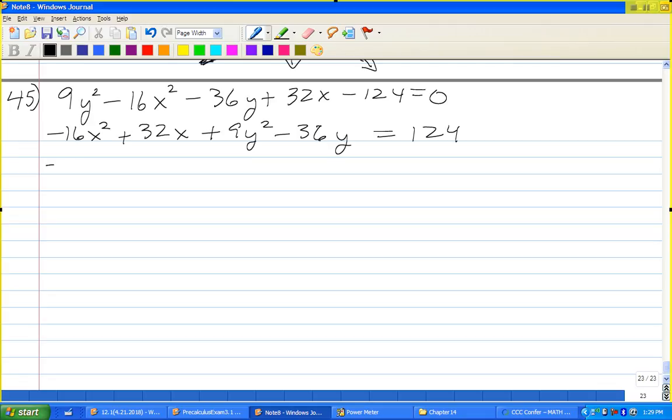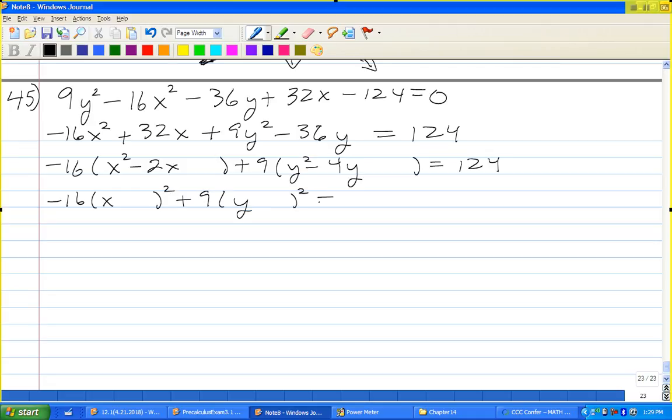Let me factor out the negative 16, factor out the 9, so I can complete the square. So negative 16 for the x's, 9 for the y's. Negative 2 divided by 2 is negative 1, squared is 1, times negative 16 is negative 16.